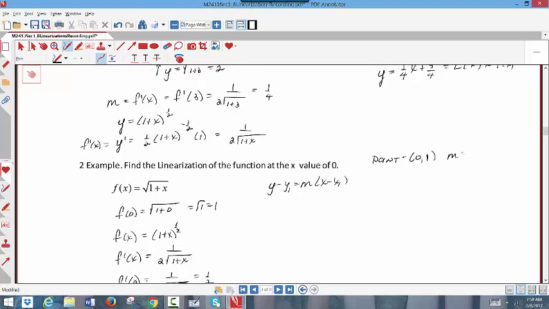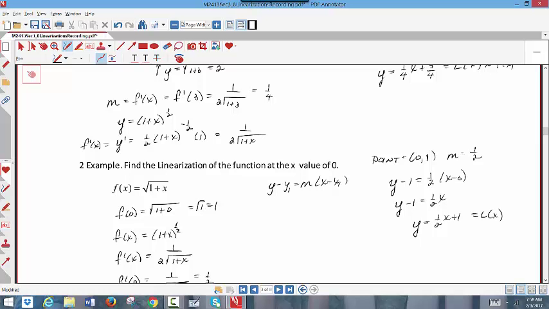All right, so I'm ready to come over here and create the equation of the tangent line, which is referred to as my linearization function at the x value of 0, or in other words, at the point 0, 1. So this becomes y minus y1 equaling 1/2 times x minus 0, or just 1/2 x, or 1/2 x plus 1. So this is my linearization function.